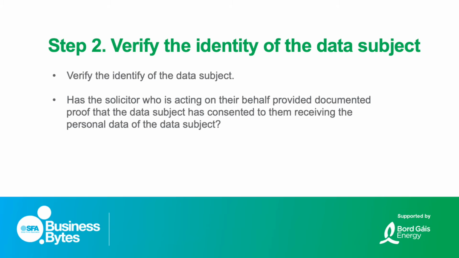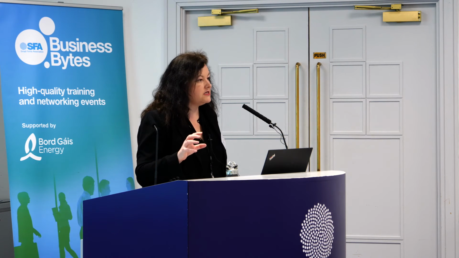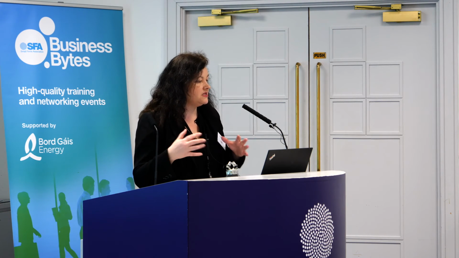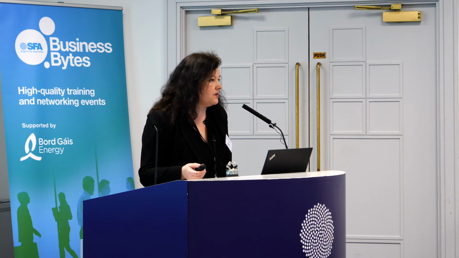And again, I'm just re-emphasising the point, has the solicitor provided documented proof that the data subject has consented? And then there was one other quick thing. The other thing you can ask is, is there a specific piece of personal data that you want? If the data subject says, no, I want everything, then you must give them everything. But it is worth asking, is there anything specific they're looking for?